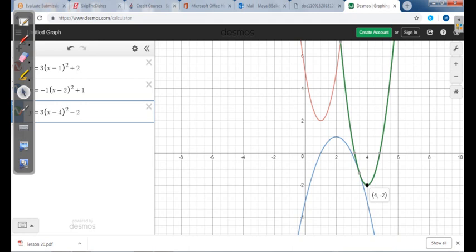Okay? So if I'm looking at the red one, which is y equals 3 times x minus 1 squared plus 2, we said that the vertex is at 1, 2. In this equation, where do you see 1, 2?